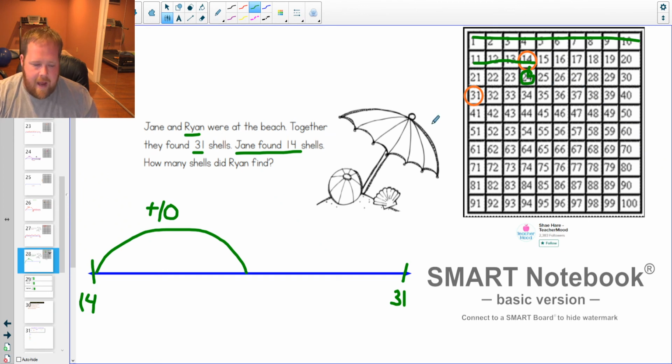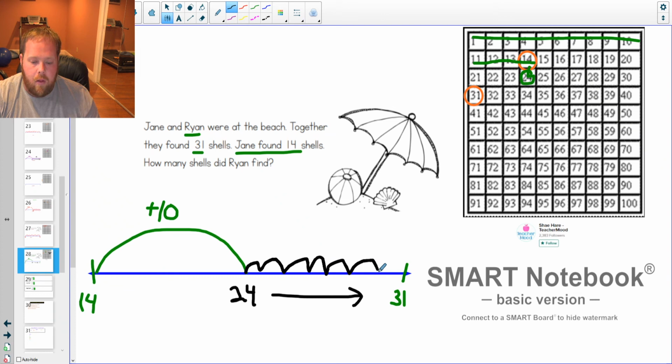And let's count how many it takes to get from 24 to 31. 25, 26, 27, 28, 29, 30, 31.